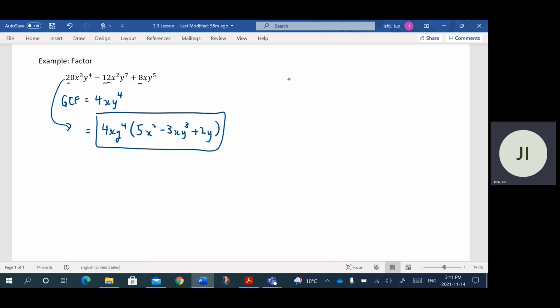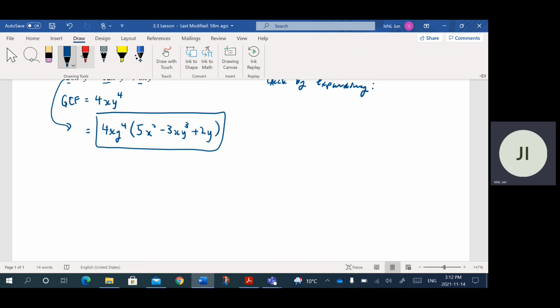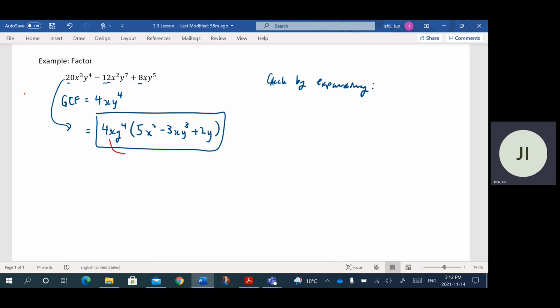Now that being said, what I can also do is check my answer. So we can always check your answers by expanding. All right, so I'm going to take this, and in red here, I'm going to check my answer. So I'm going to multiply the 4xy to the 4th into the brackets, and we'll see what we get here. 20. X times x squared is x cubed.